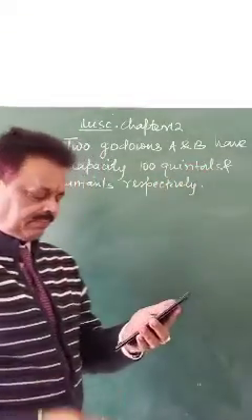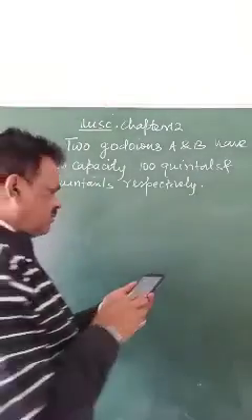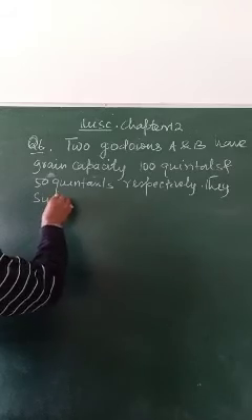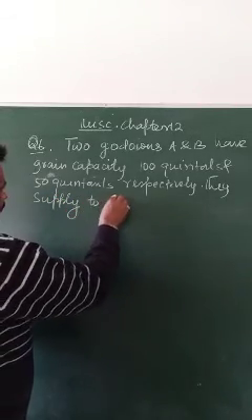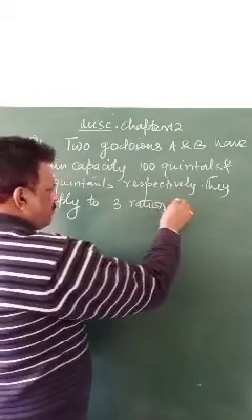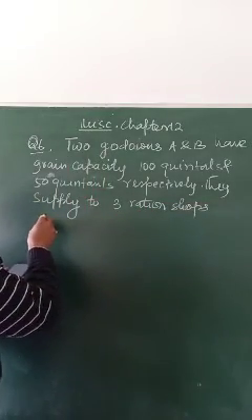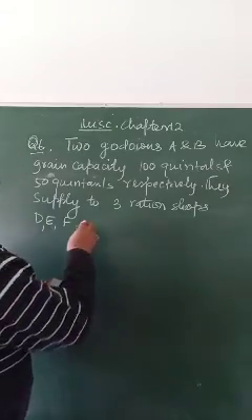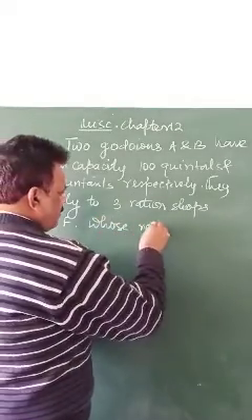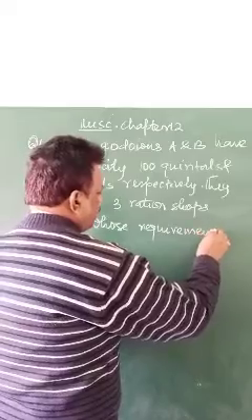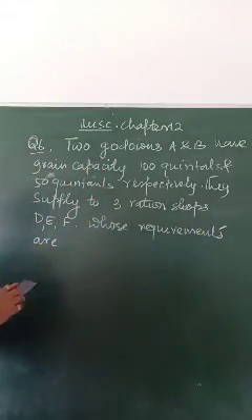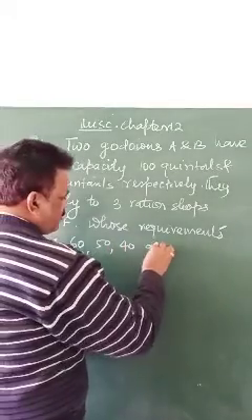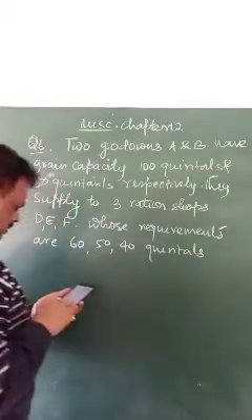They supply to 3 ration shops D, E, F, whose requirements are 60, 50, 40 quintals respectively.